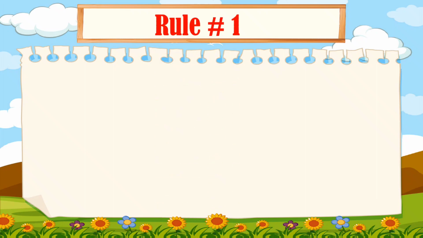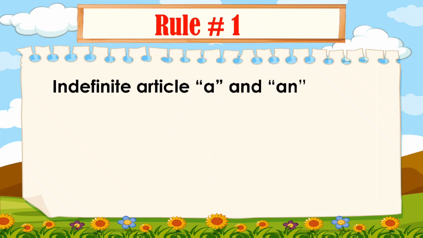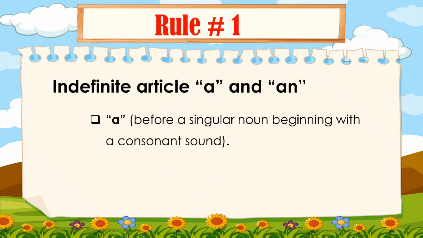Let's start with rule number 1, the indefinite articles a and an. Use a before a singular noun beginning with a consonant sound. These are the letters like B, C, D, and so on.